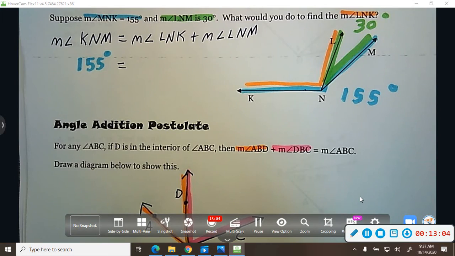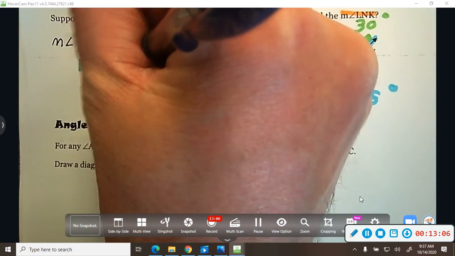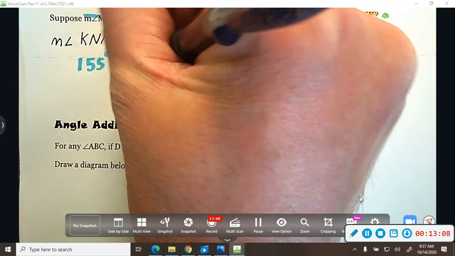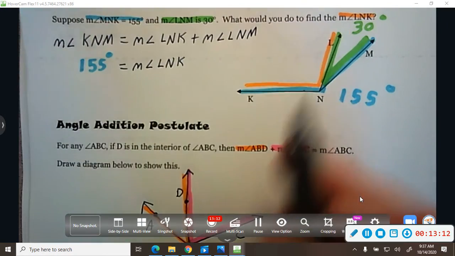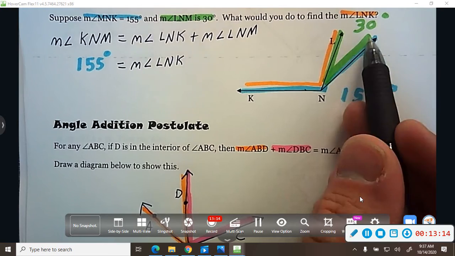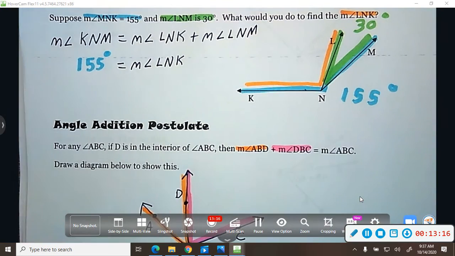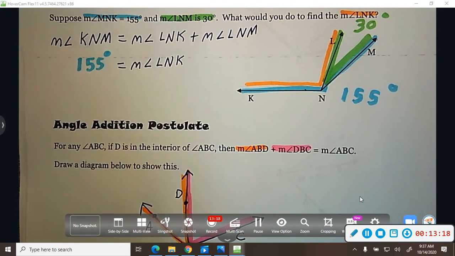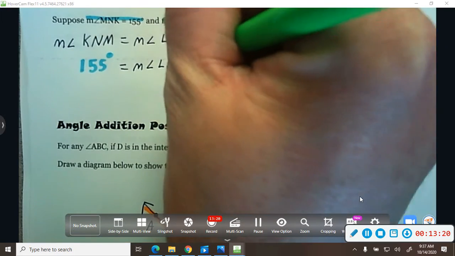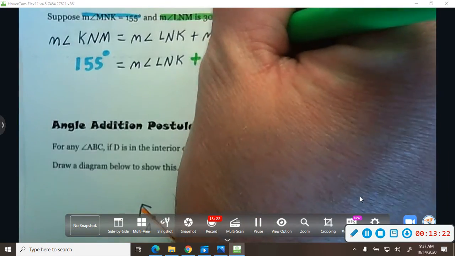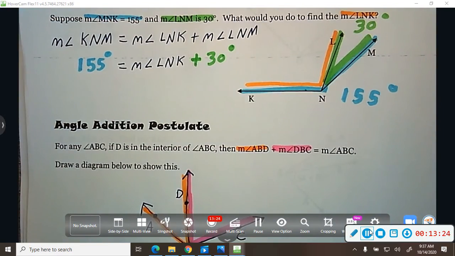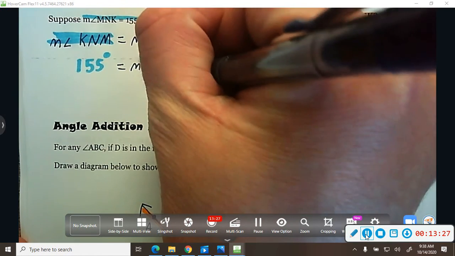we're trying to find LNK, so I'll just leave that measure of angle LNK. And then we know that LNM, this green part, is 30. Trying to solve for LNK, I would just take away 30 degrees from both sides.